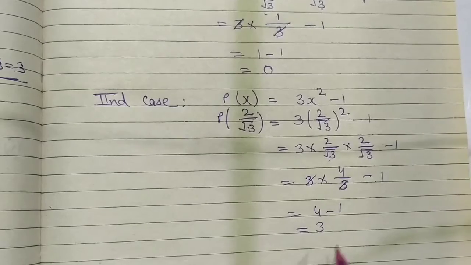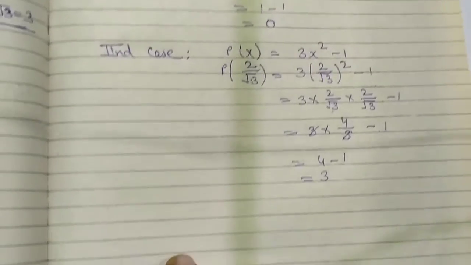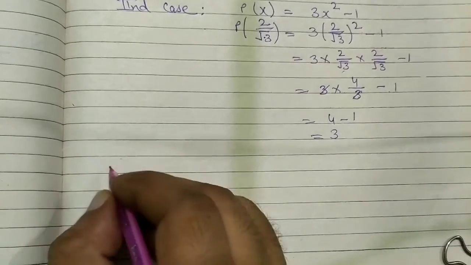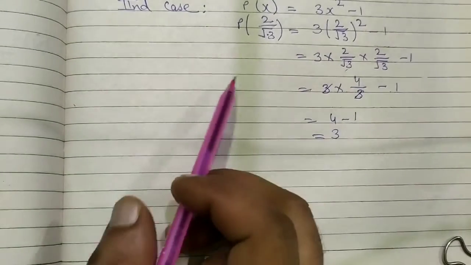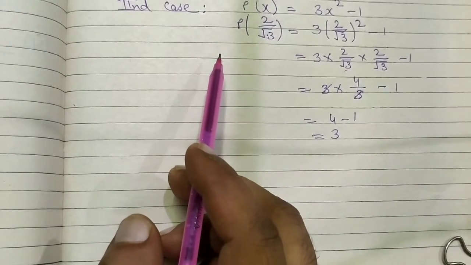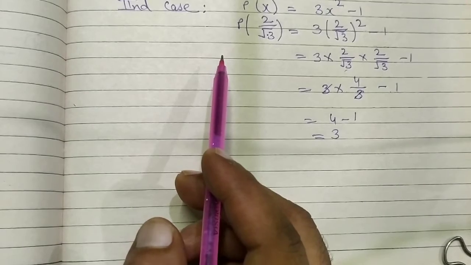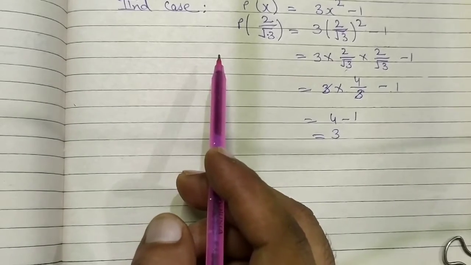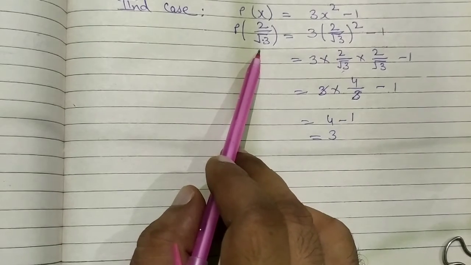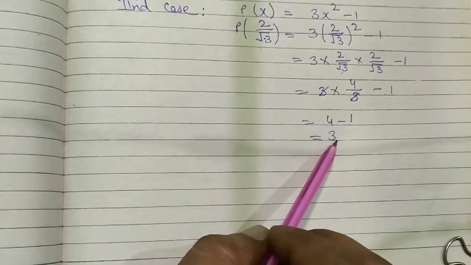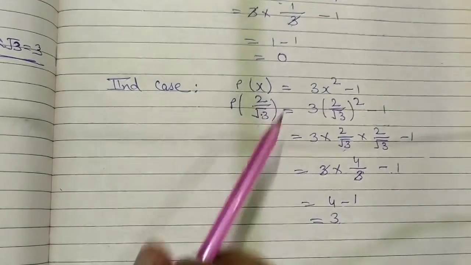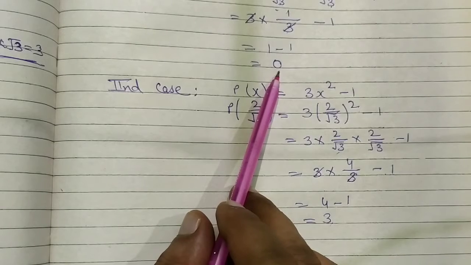Now here you need to mention that in the first case x is equal to minus 1 upon root 3, right? The zero was minus 1 upon root 3, but in the second case it was 2 upon root 3, right? Now this one is not equal to 0, and the earlier one, the first one, was equal to 0, right?